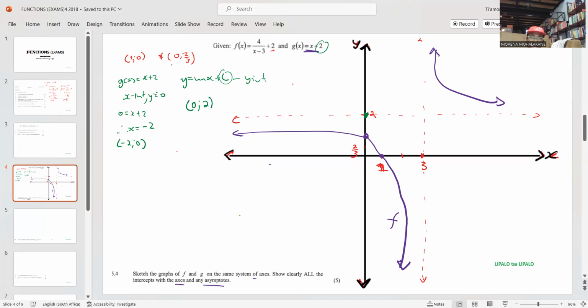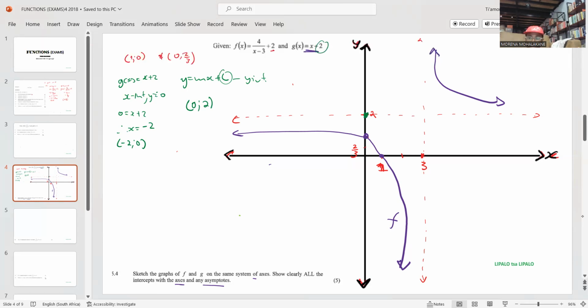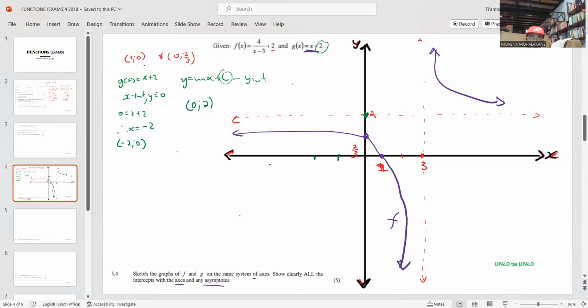Then I have -2 there. So I just join. Join. And that is G.